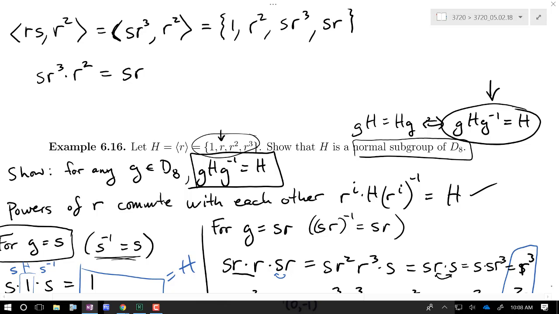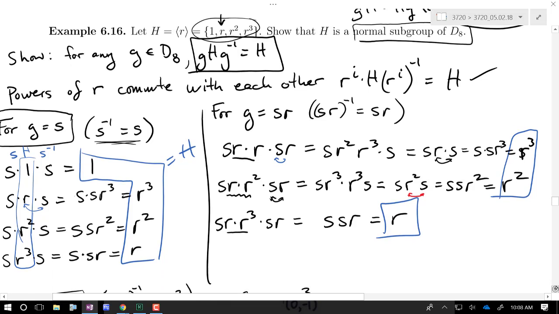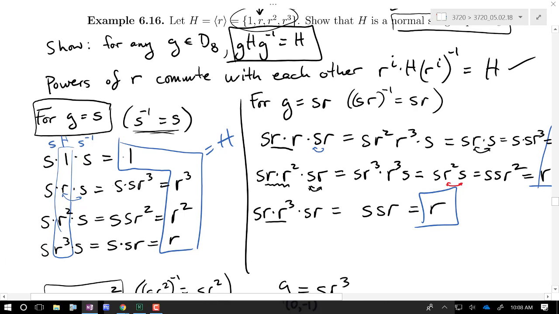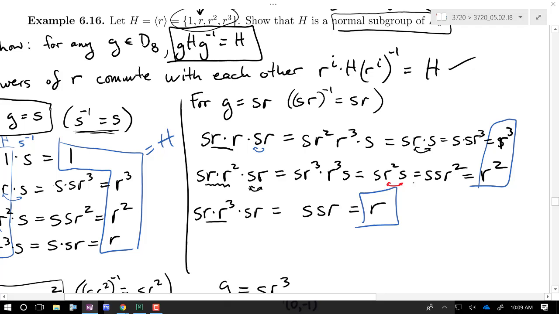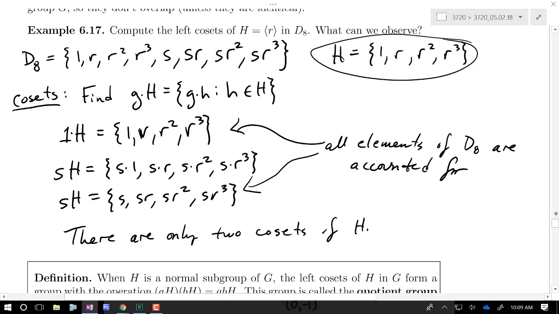We spent a painstaking few moments calculating that. If I picked S and conjugated all the elements of H, I just got all the elements of H right back. If I picked SR and did this conjugation with all the elements of H, I just got the elements of H right back. This is what it means for a subgroup to be normal. So we showed that H is a normal subgroup.